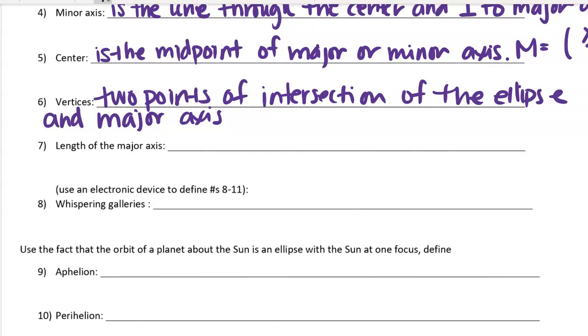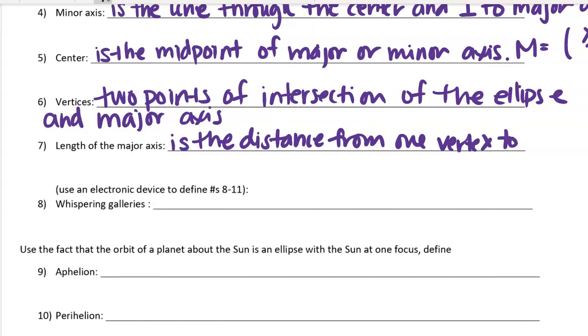Okay, length of the major axis is the distance from one vertex to the other. And it's always what? How many A's? 2A. That long or one?